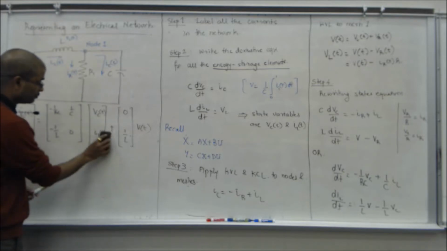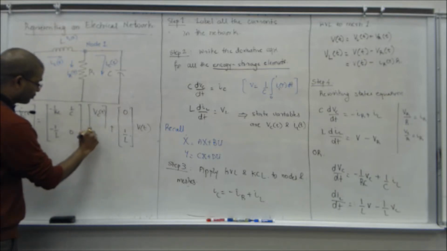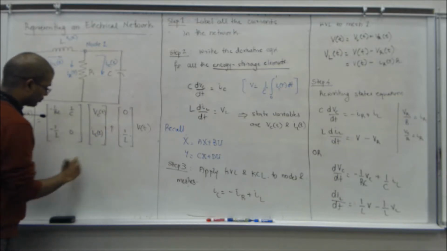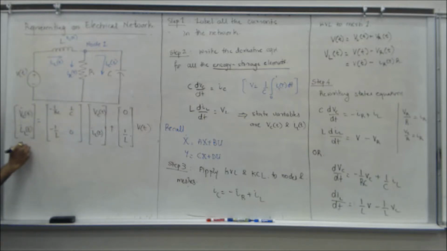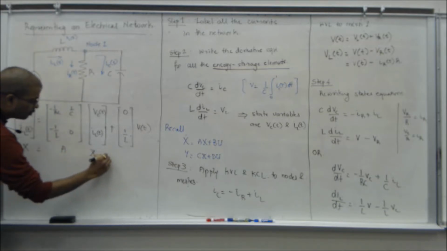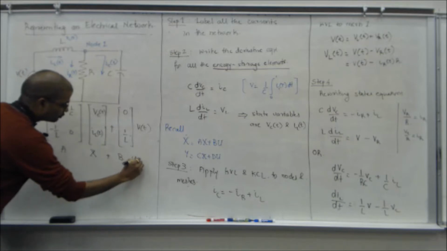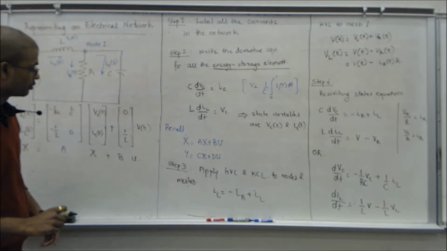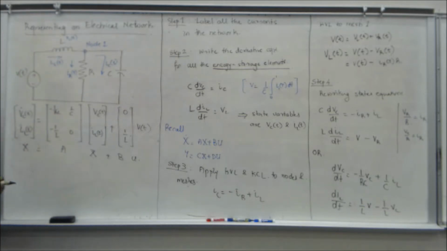All right, so this is X dot equal to A X plus B U. Now your Y would be, Y is what the output we said was the current through the resistor. So current through the resistor is, so what is the current through the resistor? IR. And what is IR?